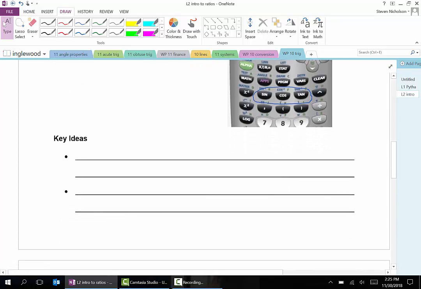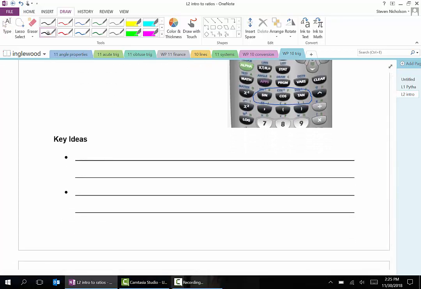So here's our key idea for today, and it'll continue to be a key idea for the 3 lessons after this.